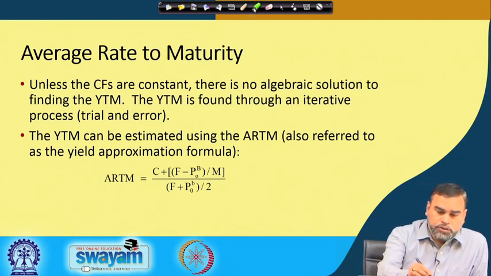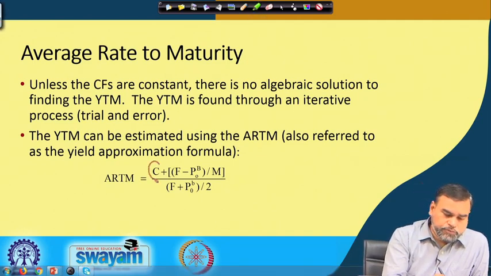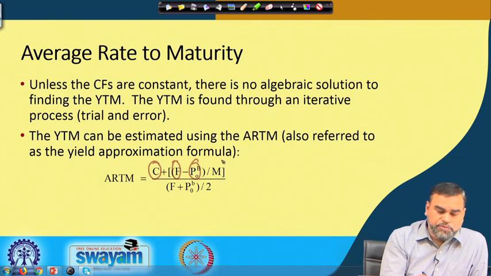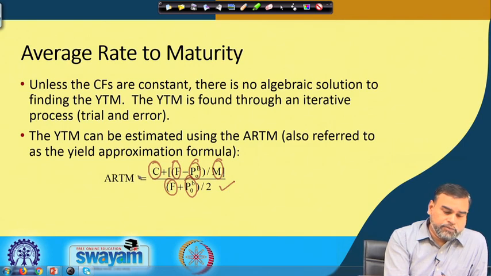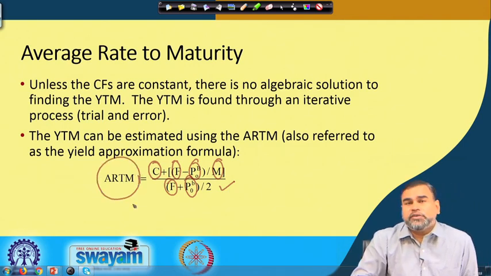Here C is the coupon payment, F is the face value of the bond, P is the market value of the bond, and M is the maturity period. In the denominator we take the face value of the bond plus the market value of the bond, divided by 2. If you do this, you can find an average rate to maturity which will be very close to the yield to maturity.